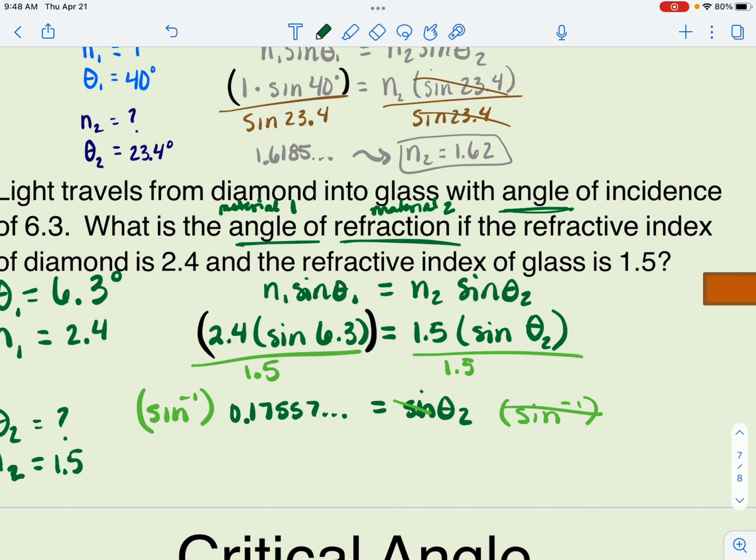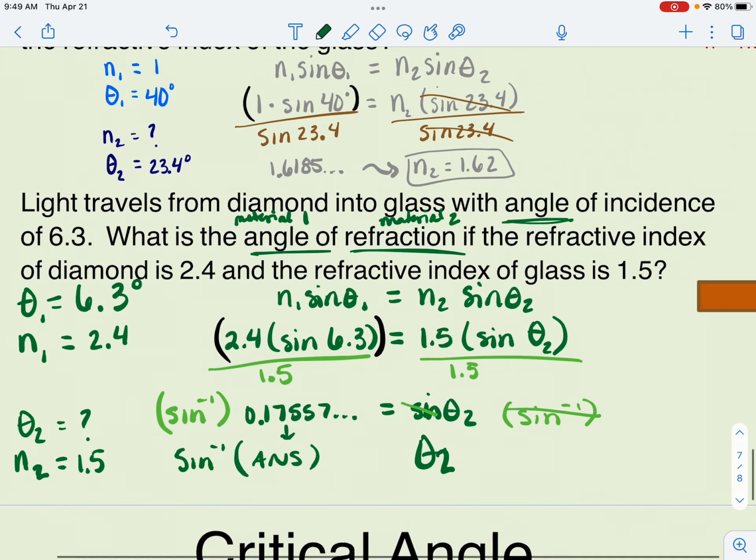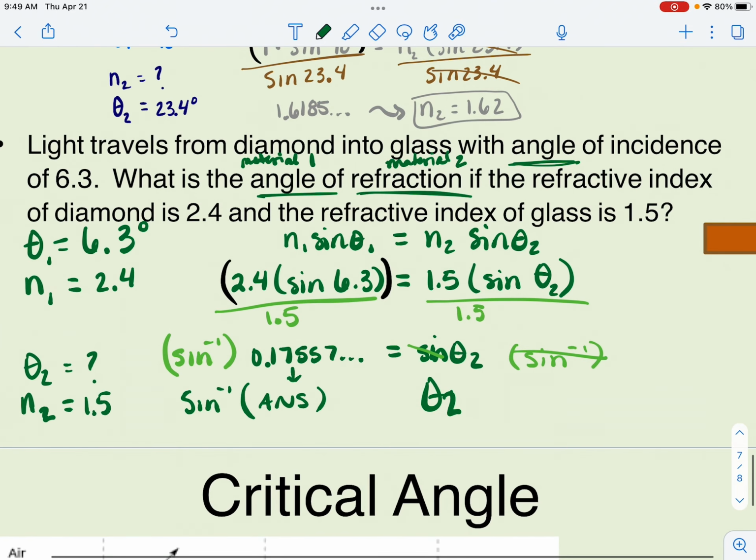And then in my calculator, when I hit the inverse sine button, it's going to give me an open parenthesis, and so this answer is going to go right in there. That's how it's going to look in my calculator. So use that answer button so that it copies all of those decimals. And so in this case, I get 10.1121 blah, blah, blah equals theta 2.